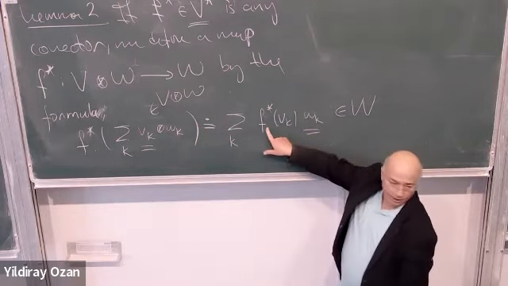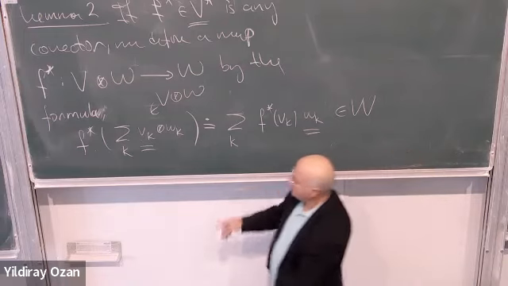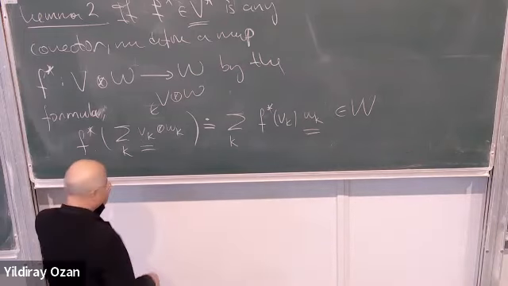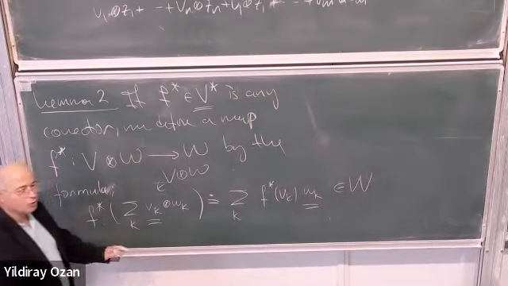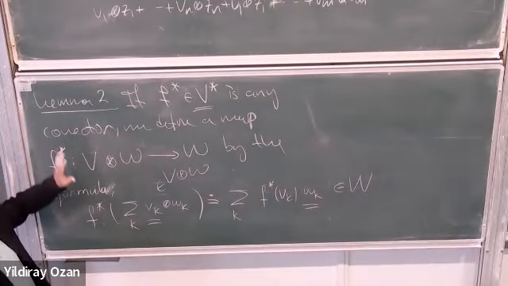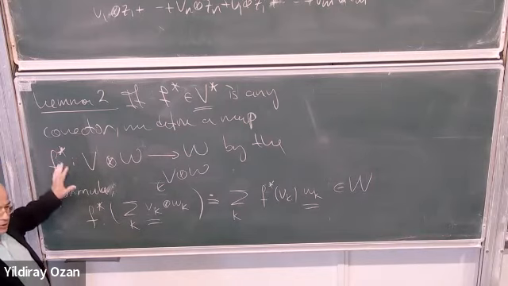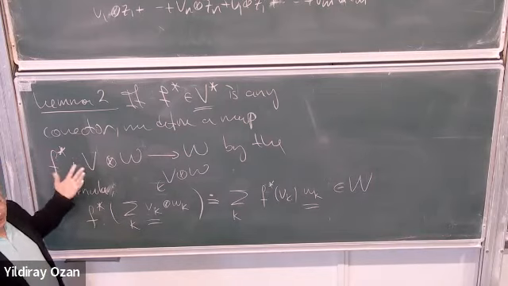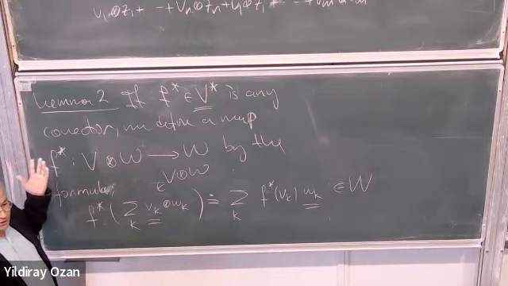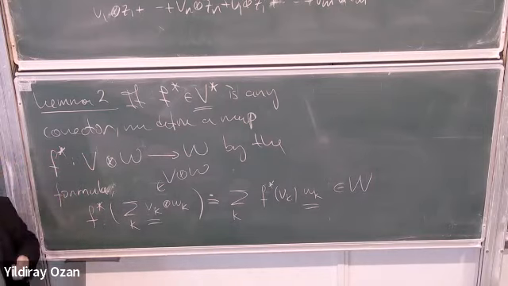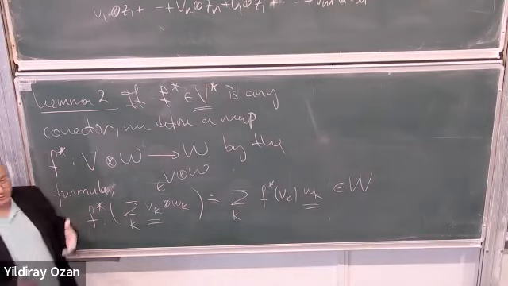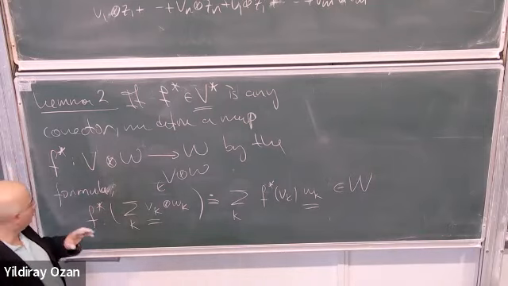Because it's a covector, yes, you are right. This is a notation, an abuse of notation. There's an abuse of notation here. I'm denoting two different things with the same notation. But this is typical in mathematics. You don't create a notation for everything because then you have too many notations.